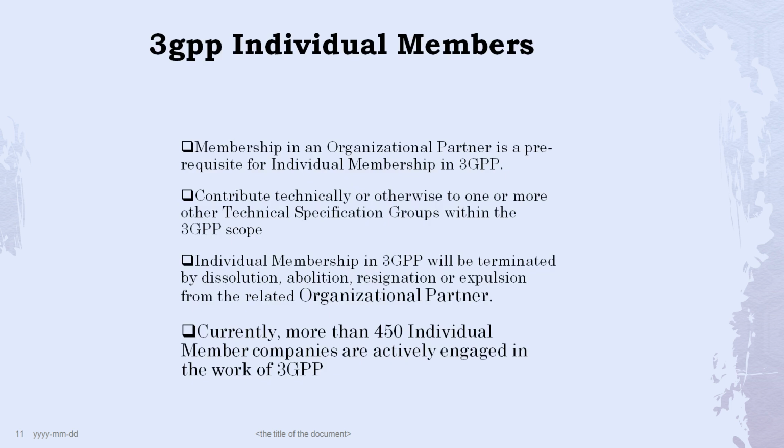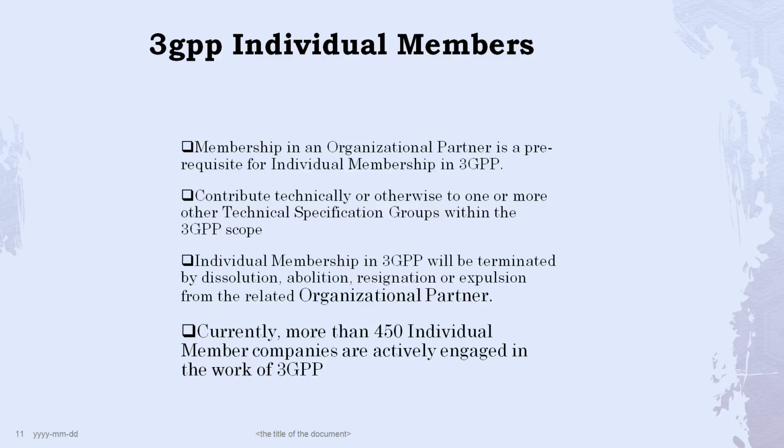The other partners 3GPP is working with are called individual members. To be part of individual members, you need to be part of one of the 7 organizational partners as a precondition. What they do is contribute technically or otherwise to one or more TCG groups within the 3GPP scope.